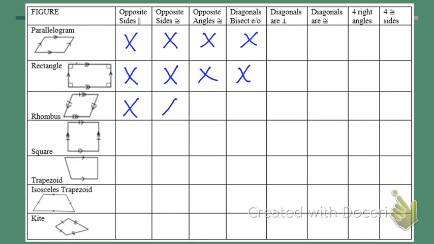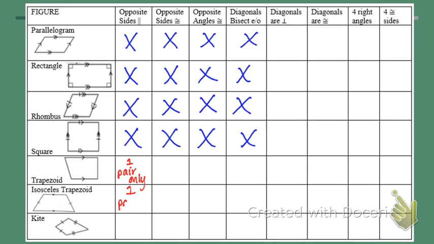Then a rhombus is a parallelogram, but all the sides are the same. All that's true. Then a square is a rectangle, but it has all sides congruent. That's true. Then you've got a trapezoid, only one pair.